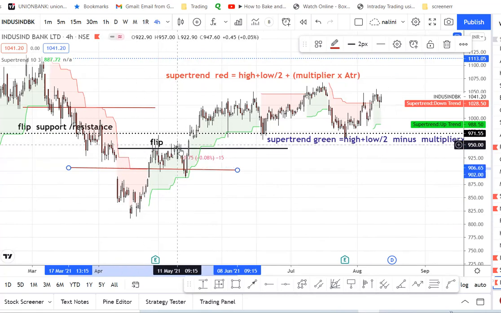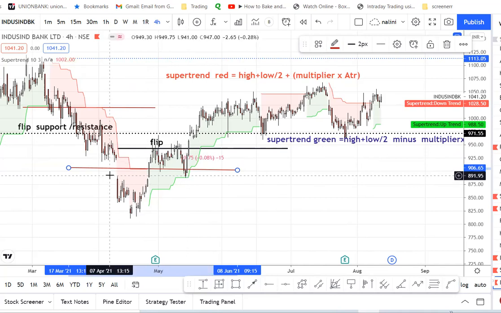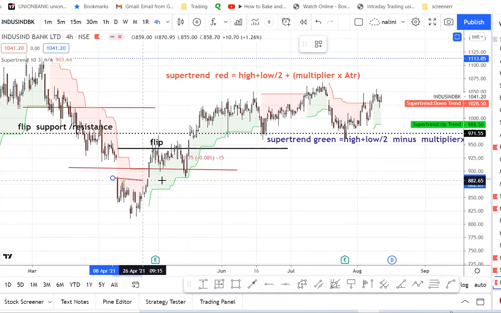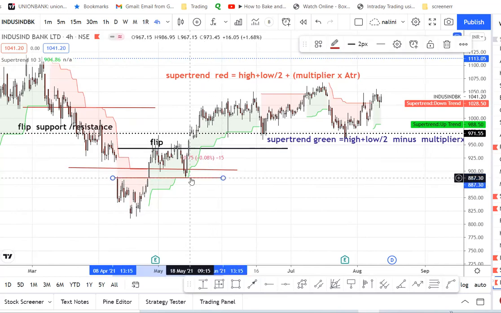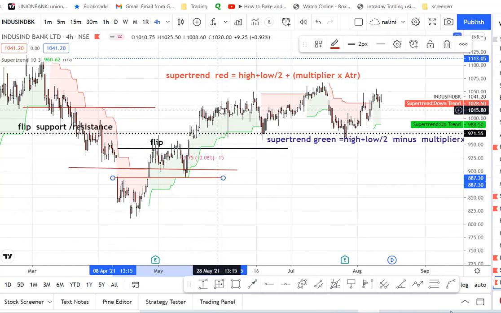In this area, you are seeing a little bit of distribution. After distribution, when it touched this level, this is the flip level. You can see the price gapped and moved up. It touched this area, made a higher low, and that trend continued.